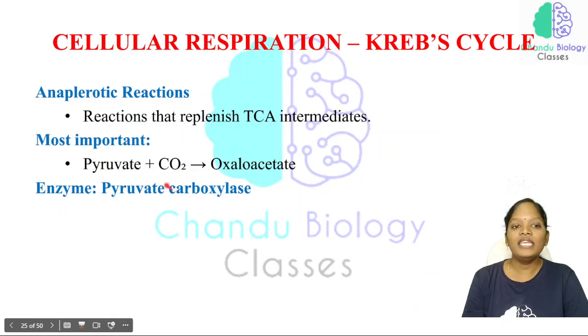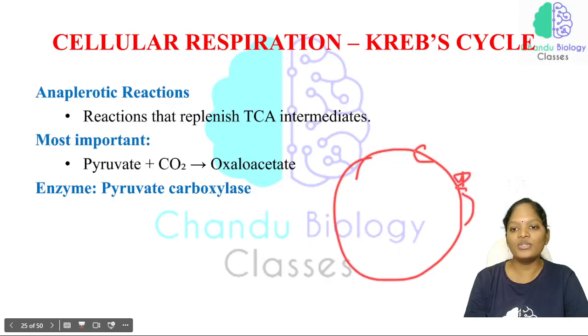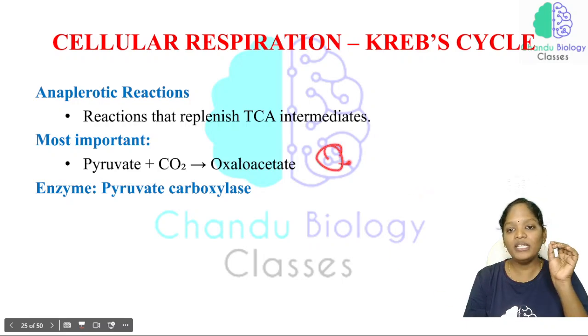Now, see, anaplerotic enzyme reactions. What is meant by anaplerotic reactions? Reactions that replenish TCA intermediates. So not only does the Krebs cycle proceed, with citrate converting into isocitrate and so on, each intermediate is also involved in some other synthesis.